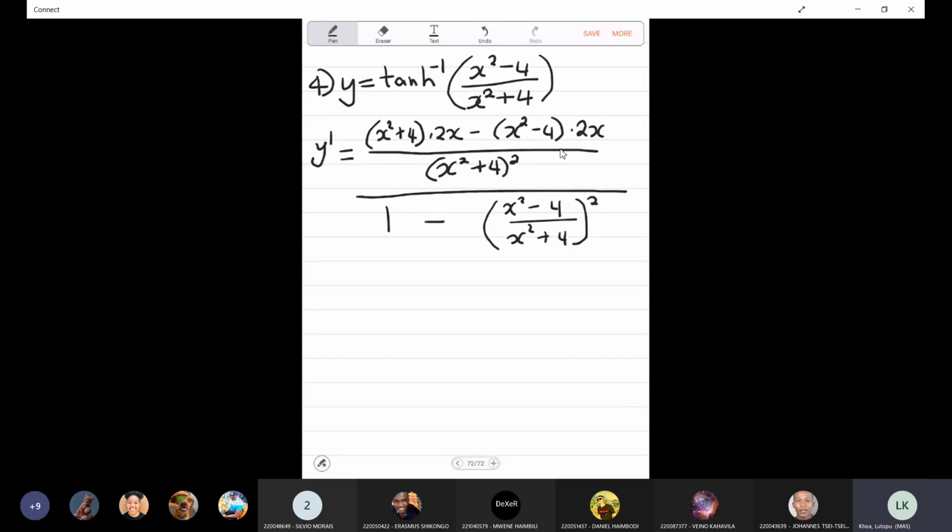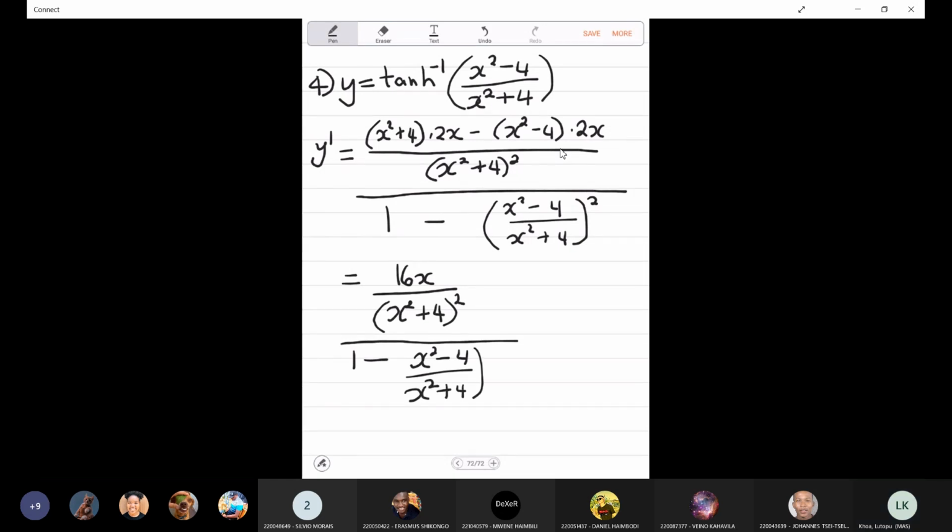So we have 8 times 2x, so we have 16x over x squared plus 4 squared. And then 1 minus x squared minus 4 over x squared plus 4, the whole thing squared.